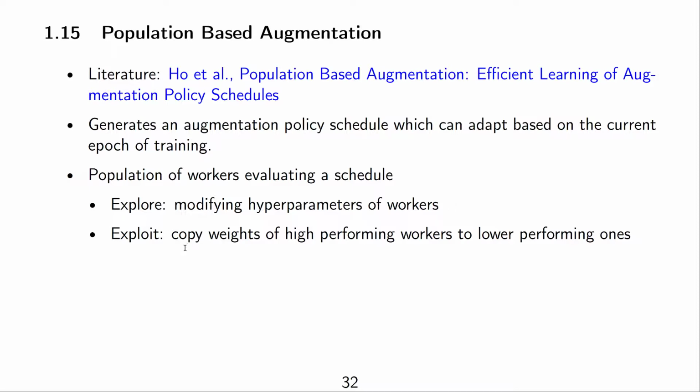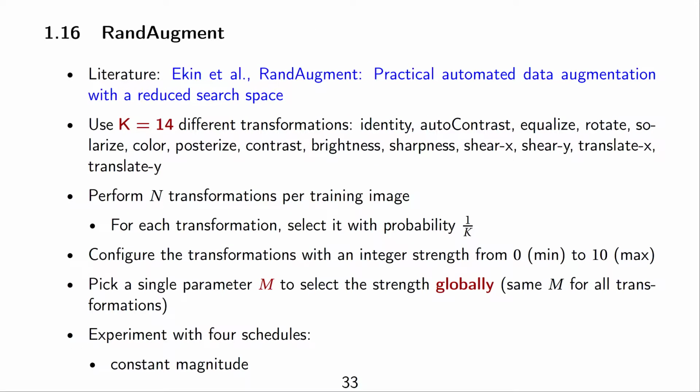And then the exploitation step, in this step, the higher performing workers copy weights to the lower performing ones. Now, this is only the idea at the very high level, just to give you another flavor of paper that tries to learn these augmentation strategies.